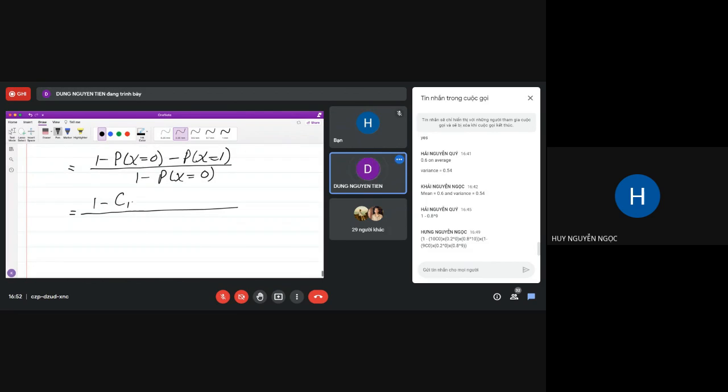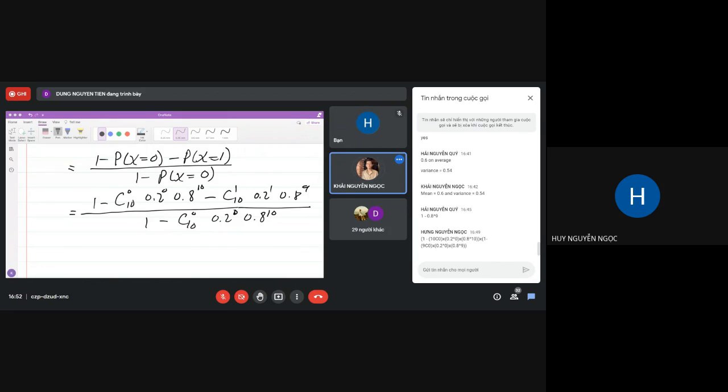So you get (10 choose 0) times 0.2 to the 0, times 0.8 to the 10, minus (10 choose 1) times 0.2 to the first, times 0.8 to the ninth, over 1 minus (10 choose 0) times 0.2 to the 0, times 0.8 to the 10. Okay? Is that all clear to you, everyone? That's good.